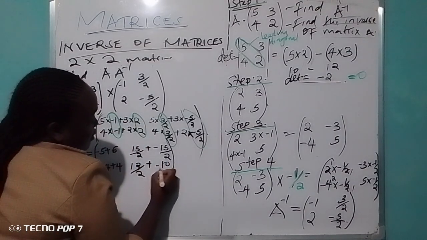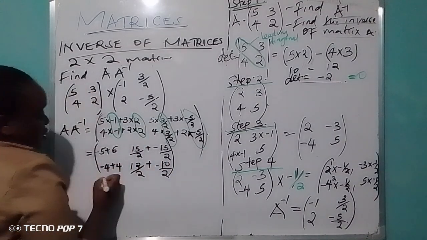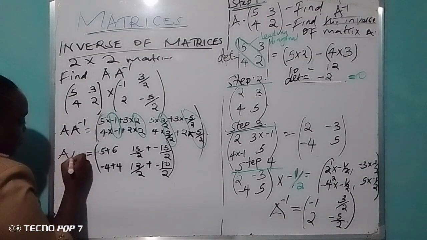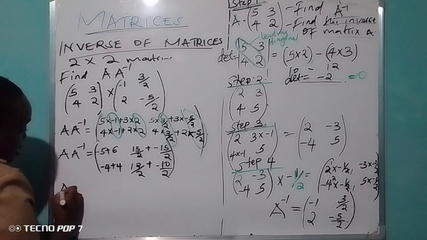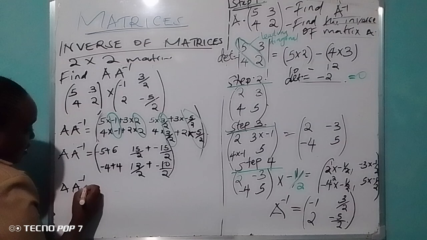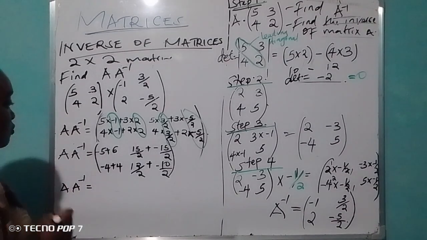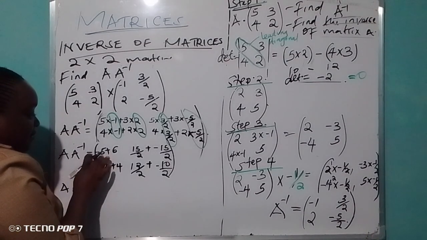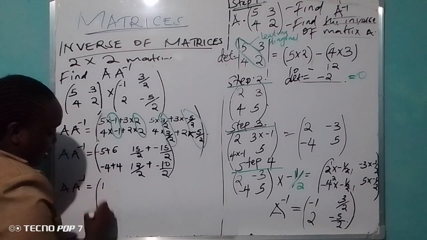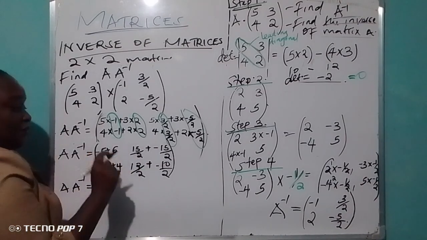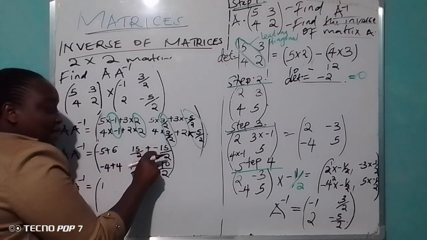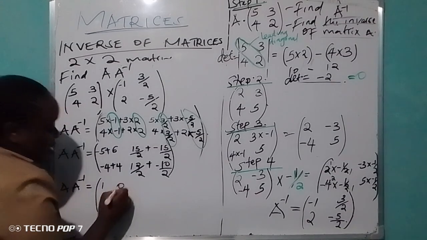Negative 10 over 2, si ndio? So itakuja ikue A times A inverse is equals to negative 5 plus 6 itakuwa 1, si ndio? 15 over 2 plus negative 15 over 2 itakuwa 0, si ndio?